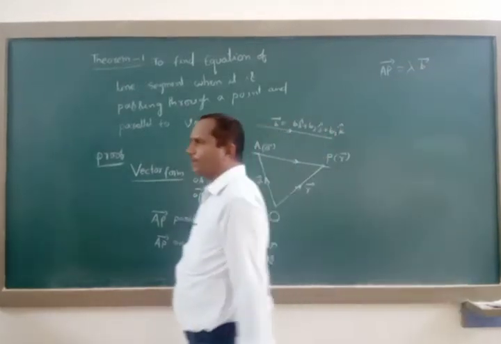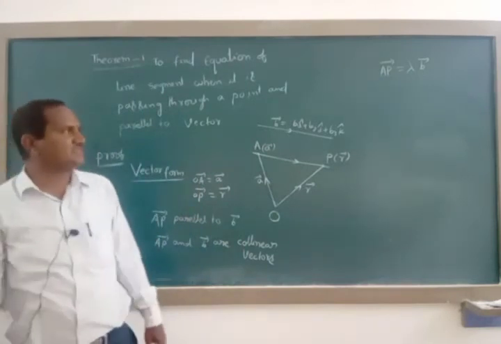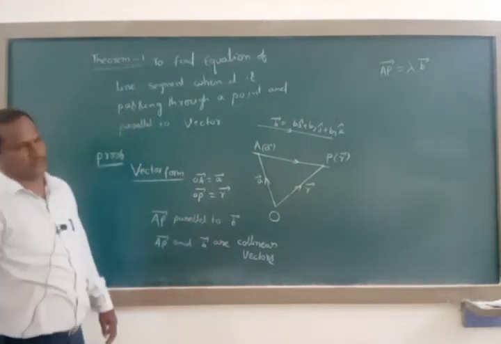One vector is depending upon another vector; AP vector is depending upon vector B.